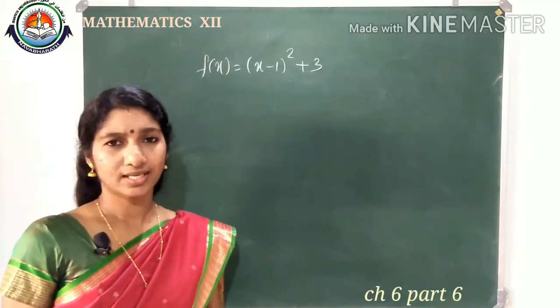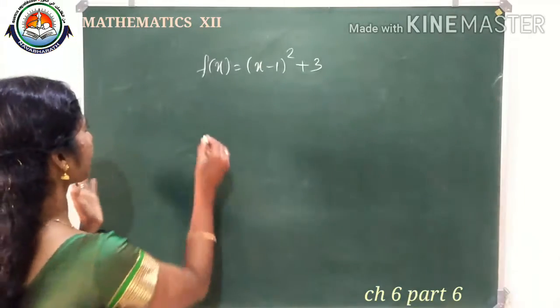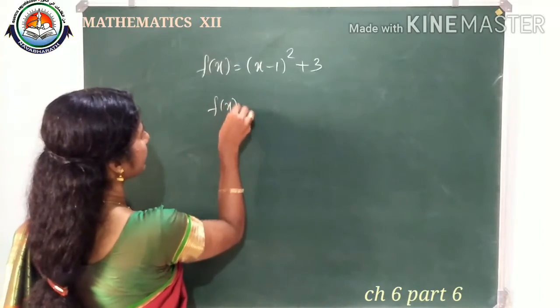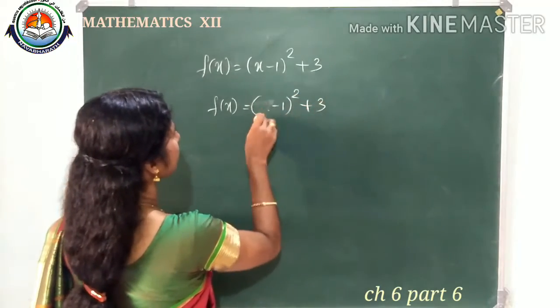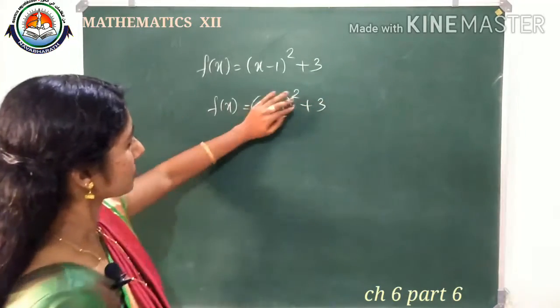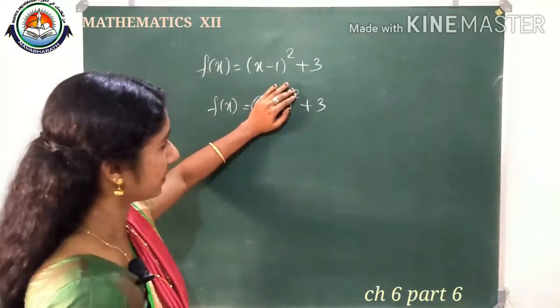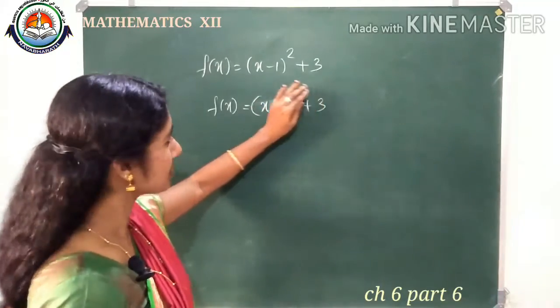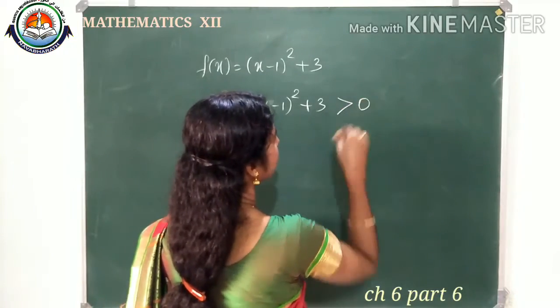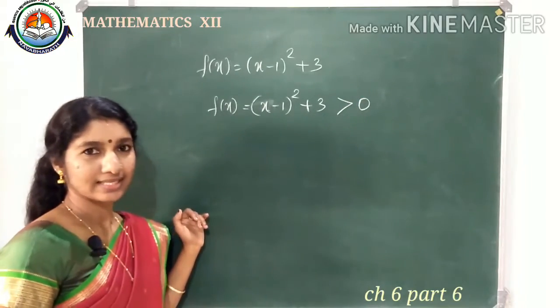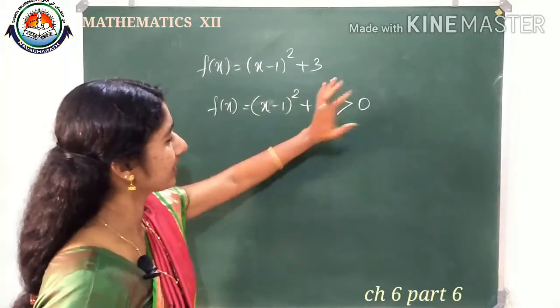You can think like this. Here f of x equal to (x minus 1) whole square plus 3. See, what about this function? It's a perfect square number plus 3. This will be positive, plus 3, so it's sure it's always greater than 0.